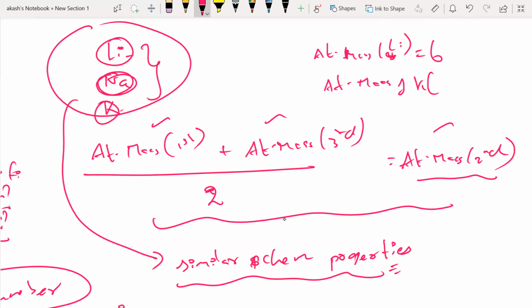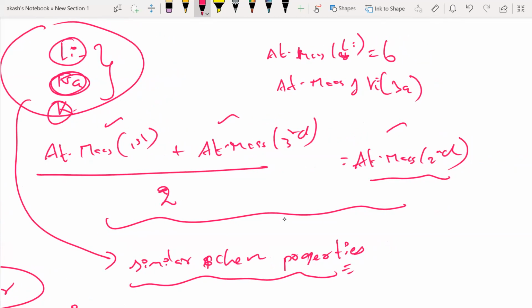Atomic mass of potassium is 39. So the atomic mass of lithium is 7 and the atomic mass of potassium is 39.